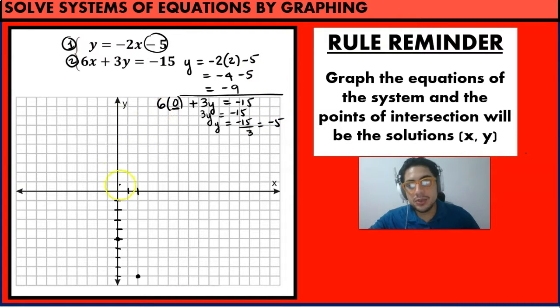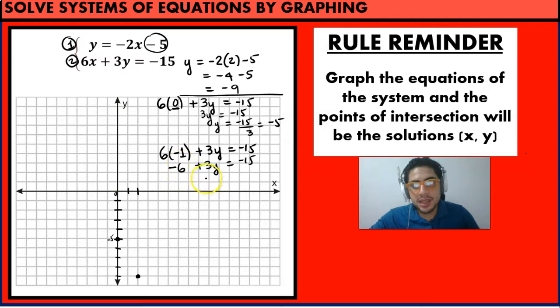So whenever x is equal to 0, our value of y is equal to minus 5, which is exactly that same point. And we have to choose another value, right? So for example, whenever x is equal to minus 1, you can choose any point, plus 3y, and we're going to see what value we get for y. So here we go. 6 times minus 1 is minus 6, plus 3y is equal to minus 15.